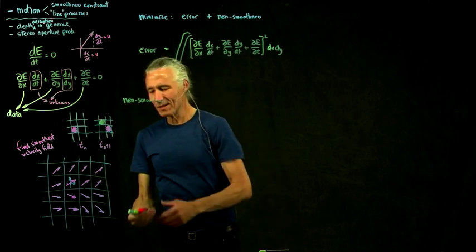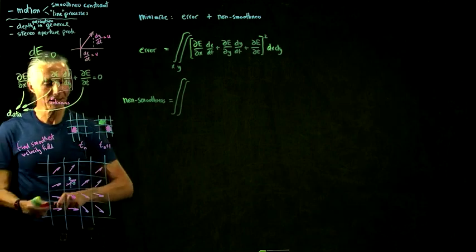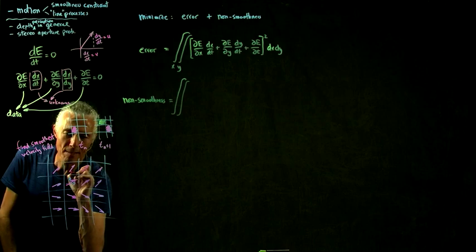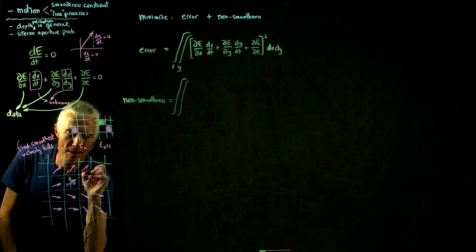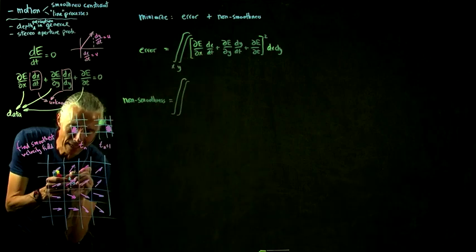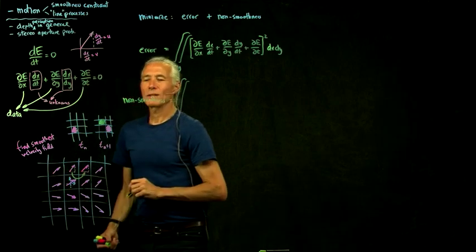So what is the change in the x component of the velocity? Here's the x component of the velocity and the y component. We can look at the change in the x component as we go across space.